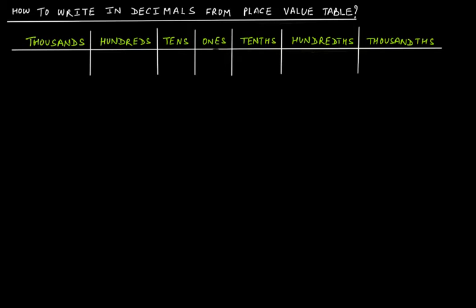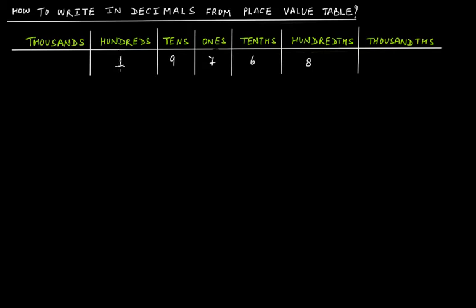Let's take some example. Let's say at the hundreds you have 1, at the tens you have 9, at the ones you have 7, at the tenths you have 6, and at the hundredths you have 8. Now, if you have to write this in the form of decimals, how will you write it? At the hundreds place you have 1.